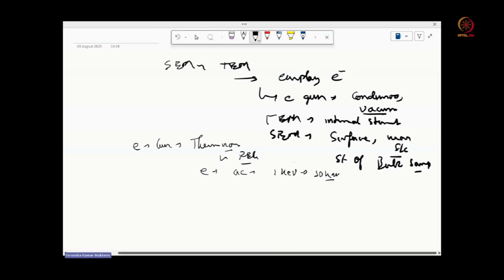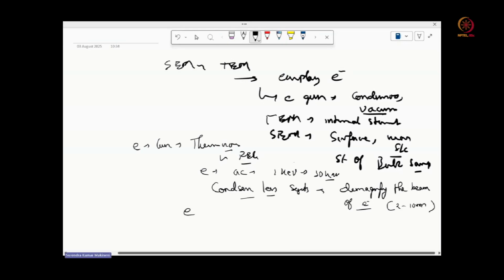It has one or two condenser lens systems. The main function of the condenser lens system is to demagnify the beam of electrons, and after demagnification the electron beam is around 2 to 10 nanometers.